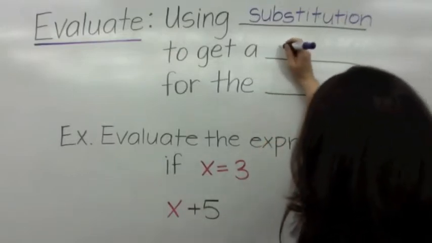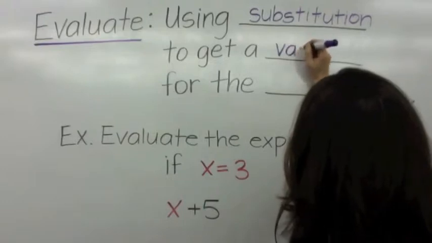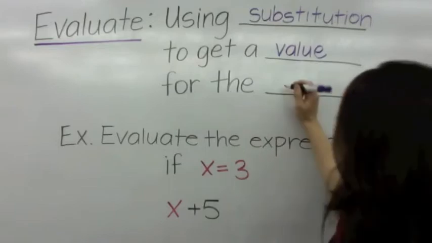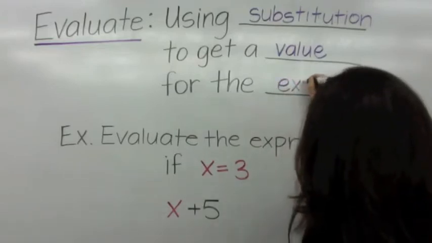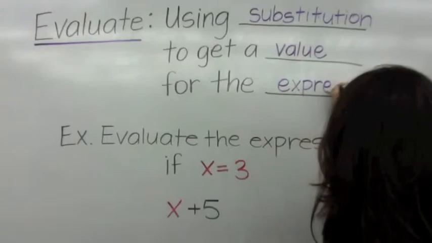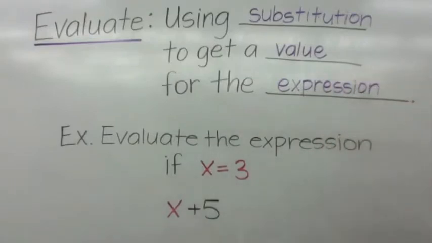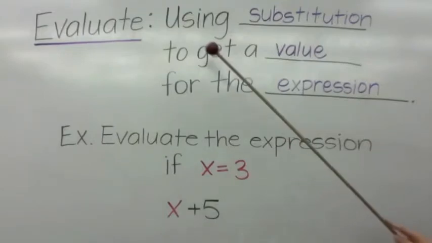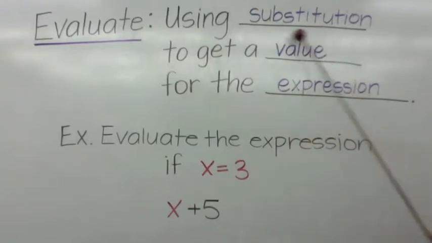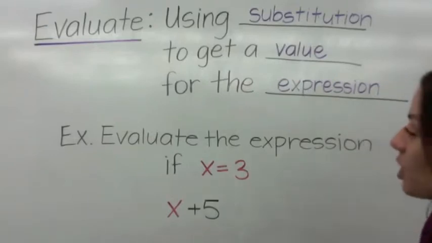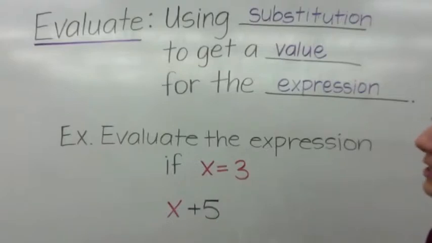So we're going to use substitution to get a value for the expression. Okay, go ahead and get that down. Okay, evaluate. Okay, read it with me. Using substitution to get a value for the expression. Okay, I know. You have no idea what I'm talking about, but it's really quite easy. Okay?